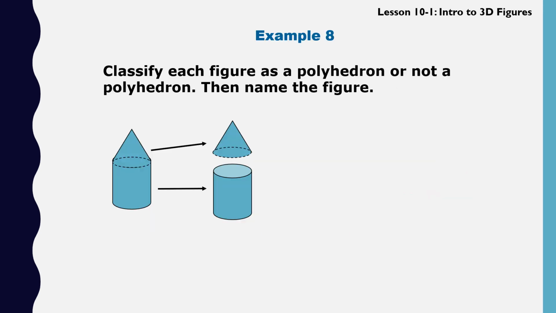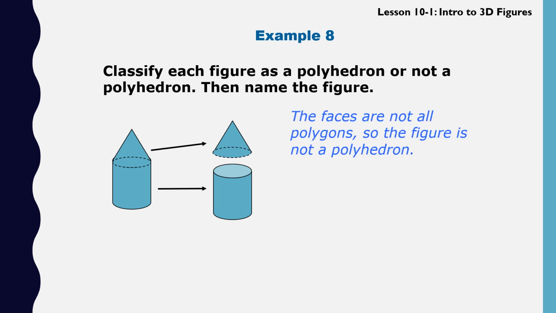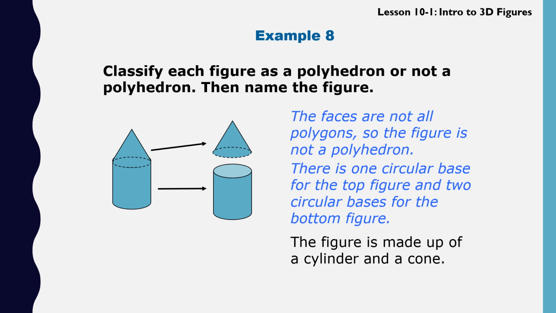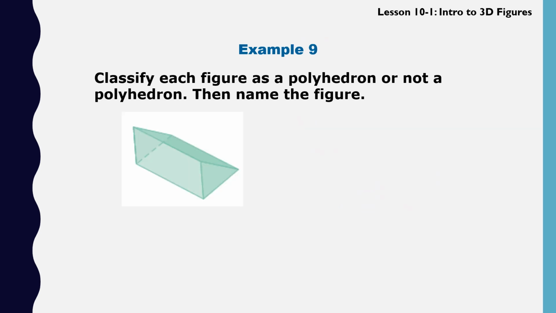What about this one? Is it a polyhedron or not a polyhedron? The faces are not all polygons, so the figure is not a polyhedron. There is one circular base for the top figure and two circular bases for the bottom figure. So we see this figure is made up of a cylinder and a cone. What about this one? Polyhedron or not?